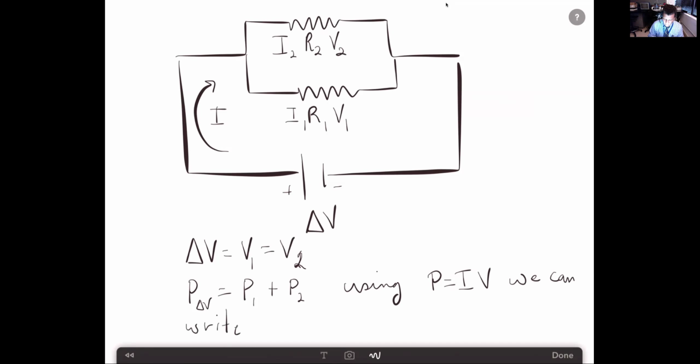We can write I times, I'm just going to put delta V here, equals I1 times V1 plus I2 times V2.